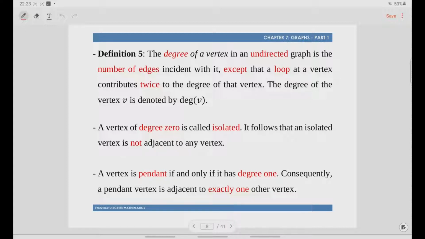A vertex is pendant if and only if it has degree 1. Consequently, a pendant vertex is adjacent to exactly one other vertex.